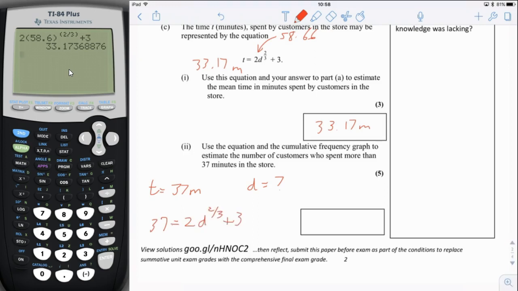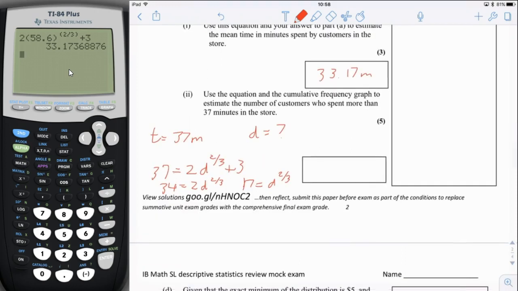And then we're going to use algebra, subtract 3 from both sides. We get 34 equals 2d to the 2/3. Divide both sides by 2. We get 17 equals d to the 2/3. And then we're going to find what's the inverse of taking d to the 2/3? Well, it's taking both sides to the 3/2. 2/3 times 3/2, you multiply these two, it gives you 1.